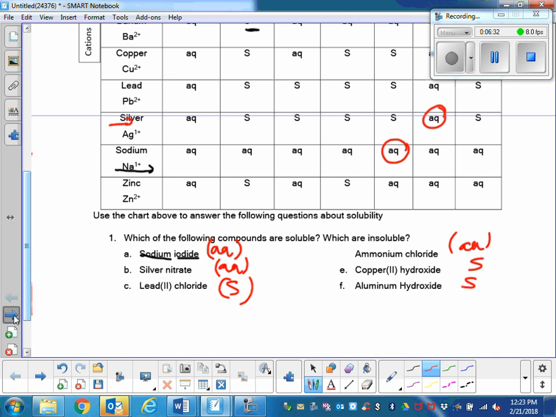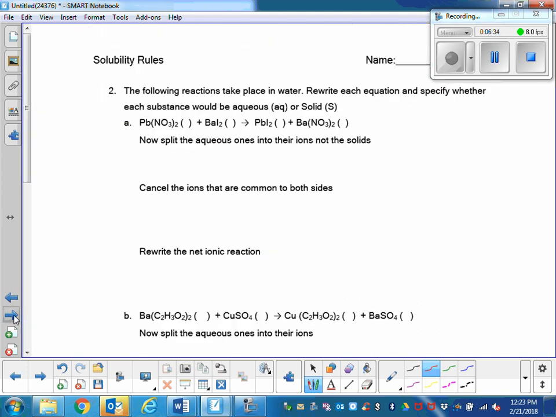So now let's flip to the back and see how we're going to use this one. We need whether it's an S or an AQ beside this. Lena, can you look up PbNO3 and tell me what is the symbol that goes beside it? Pb and NO3. AQ. Luke, can you look up barium and iodine and tell me the symbol?